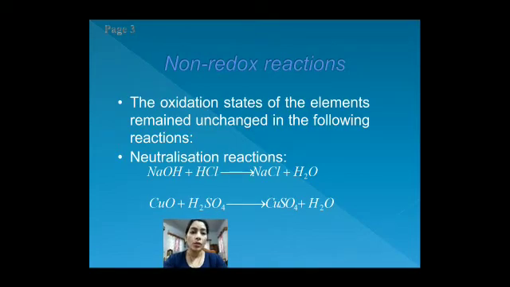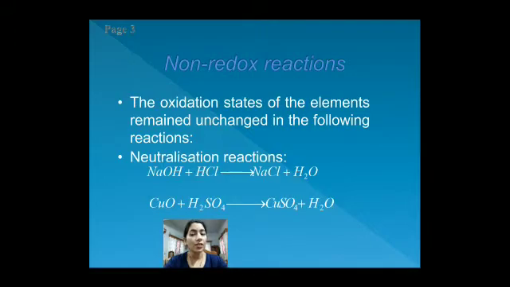First, we will go through what is a non-redox reaction. Such a type of reaction in which neither oxidation nor reduction happens is called the non-redox reaction. We have different examples of this. First is the neutralization reaction. In this, the oxidation state remains constant in the reactant and the product, that is the non-redox reaction.